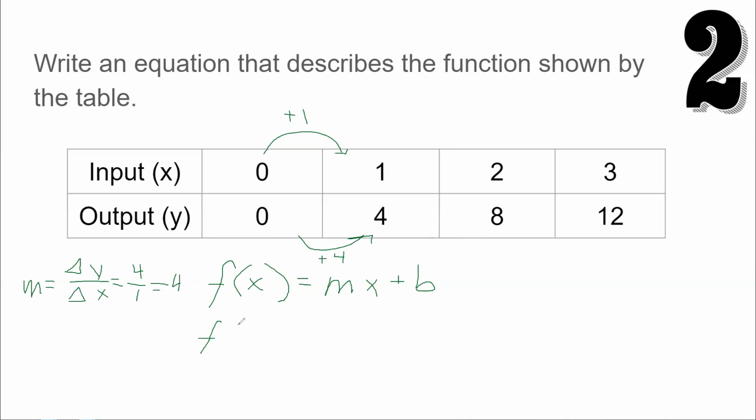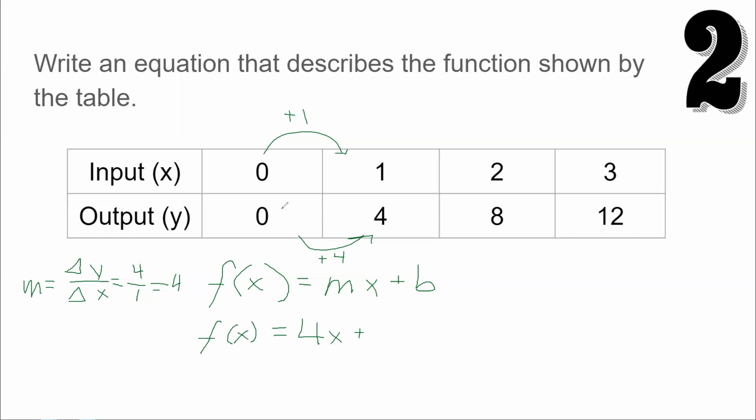So we're going to start writing our function. F of x equals our m, we figured out, is 4. We still have our x plus, now we have to figure out what b is. So I said b is our y-intercept. When we're thinking about our y-intercept, I'm thinking about where our graph crosses at y.